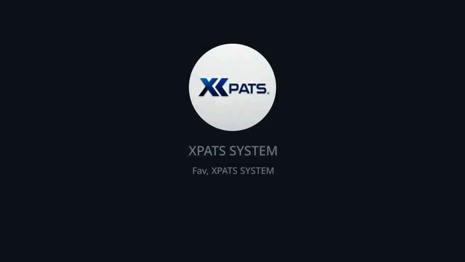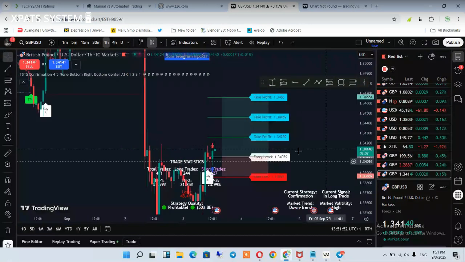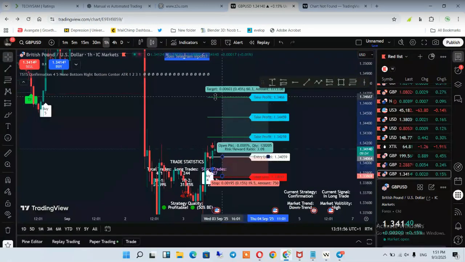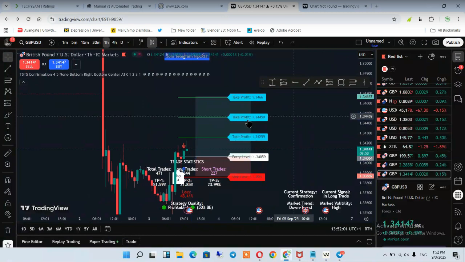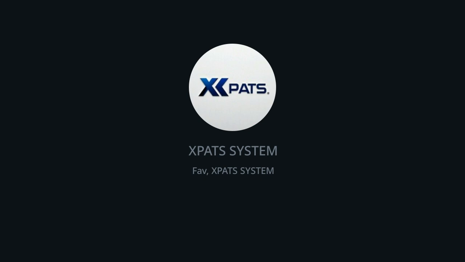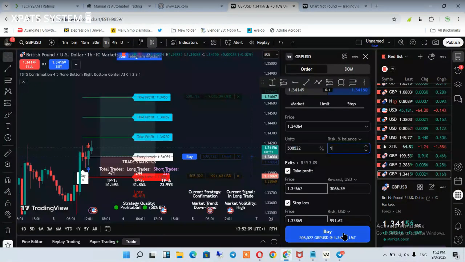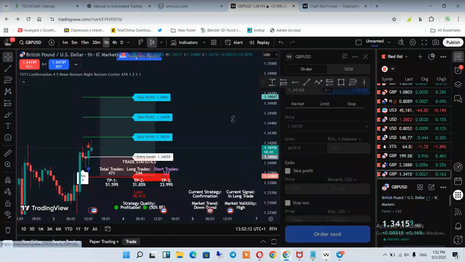So me not taking this trade is like me just seeing money and not trying to take it. But it has not hit TP1. That's another reason why the trade is still valid. So I'm going to put my 1% risk per trade. So I sent the order in.